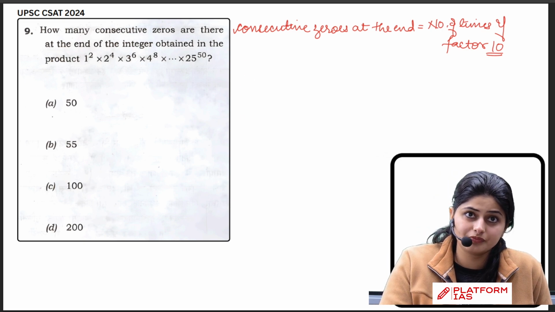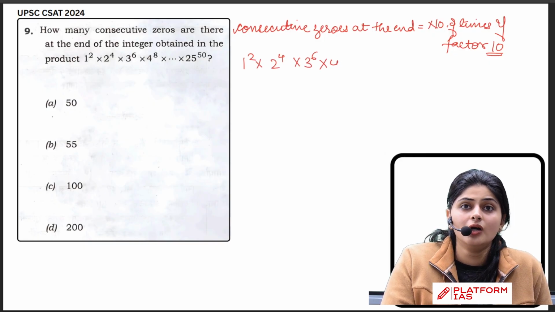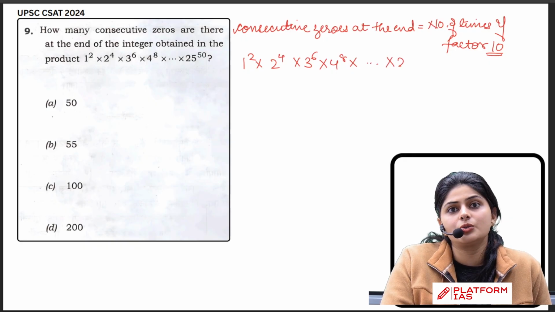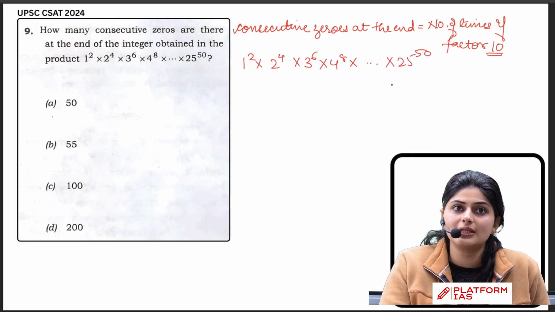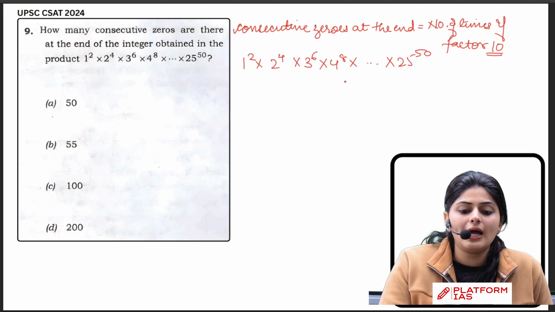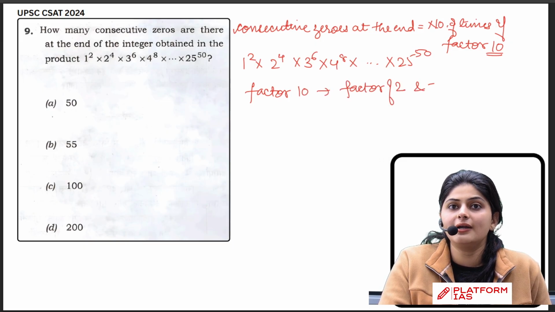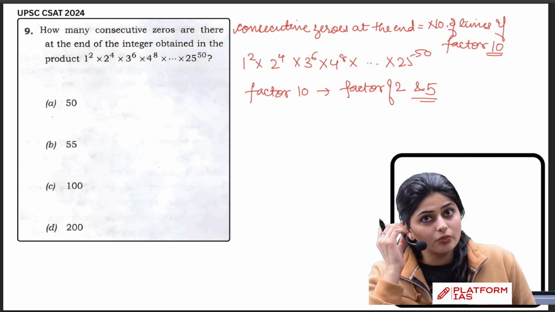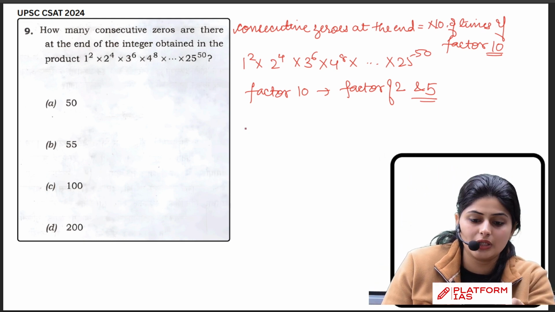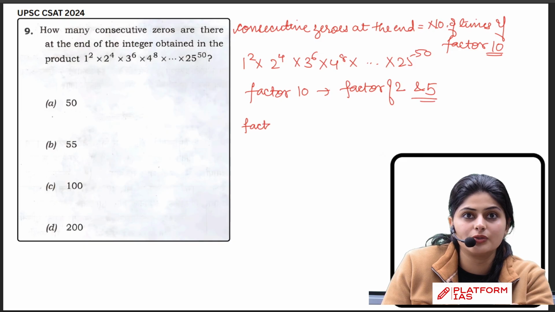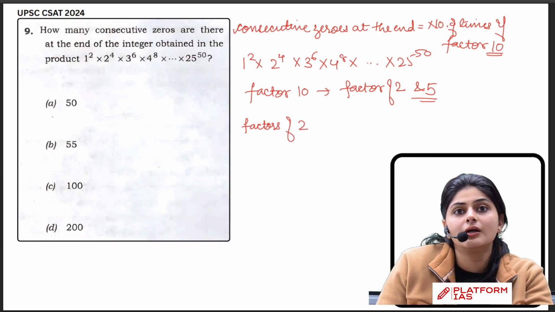Now given 1 squared times 2 to the power 4 multiplied by 3 to the power 6, 4 to the power 8 multiplied by 25 to the power 50. This is the product that has been given to me. As you can see, the factor of 10 is determined by the factors of 2 and 5. So we will count the factors of 2 in this product. You can see 2, 4, then you have an 8.